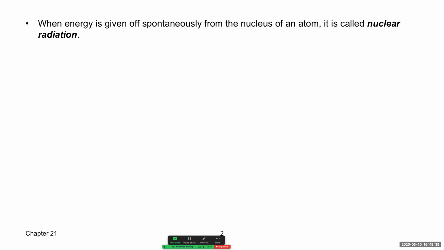It involves wavelengths and frequencies, and it can go from radio waves all the way to X-rays, and all of those can be produced by compounds and atoms. The particular radiation that we're talking about now comes from the nucleus of the atom. The other types of radiation have to do with the electron shells that are outside the nucleus.